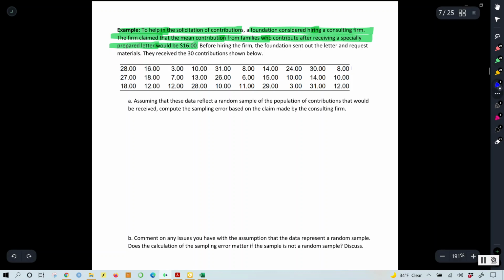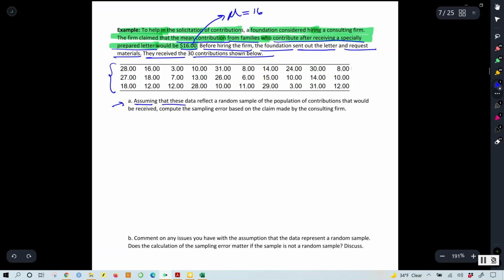So what that means is that the population mean is assumed to be 16. Before hiring the firm, the foundation decides to send out the letter and request materials. So they received the 30 contributions shown below.